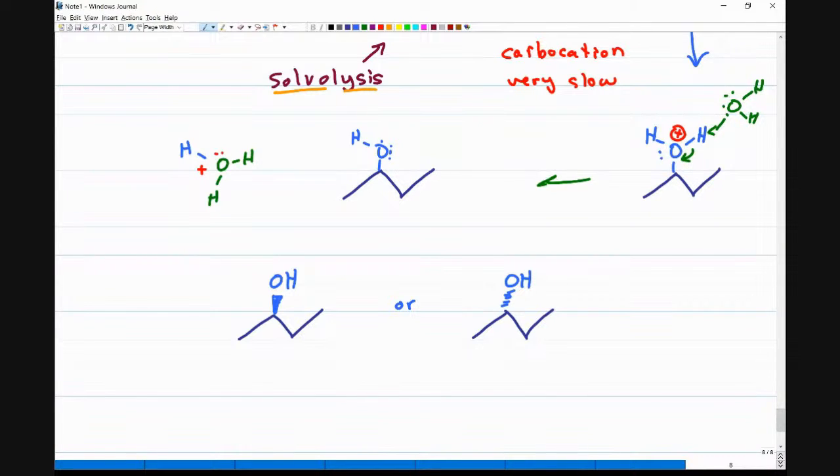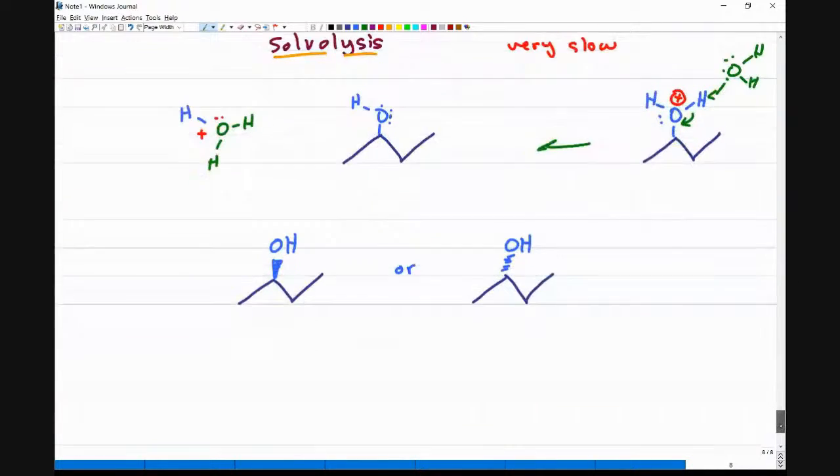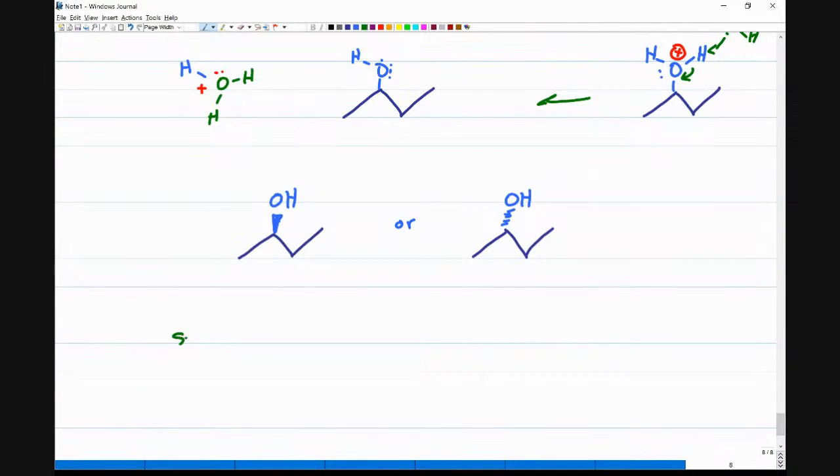Because I have a carbocation intermediate. The intermediate, what is the hybridization of a carbocation? It's sp2 hybridized. So we have an sp2 intermediate. That means it's trigonal planar.